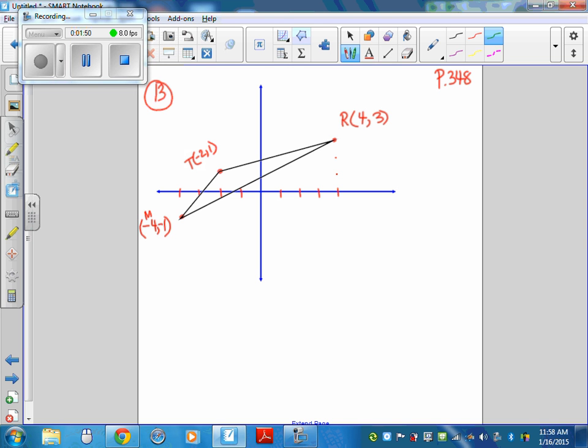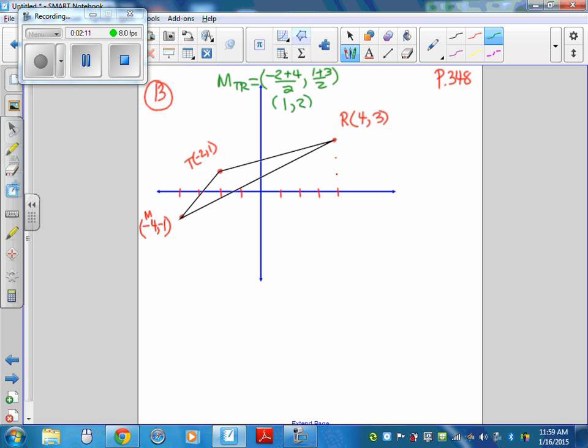I'm going to find the midpoint of TR by averaging the x's. So -2 + 4 divided by 2, and averaging the y's. 1 + 3 divided by 2. So that's 2 over 2, which is 1, and that's 2. You guys agree with that? Wait, wouldn't that be 0 though?